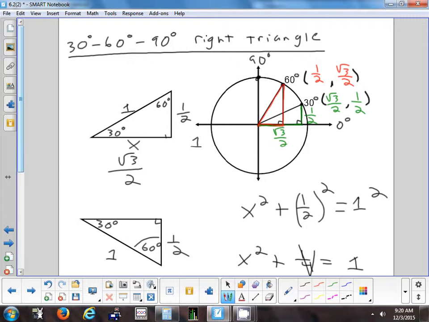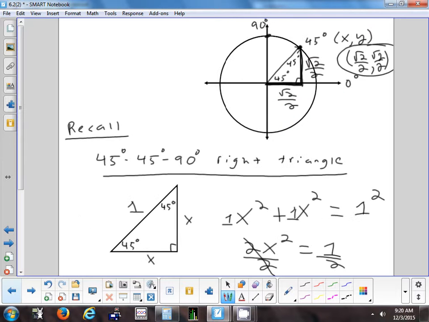So the way I want you to remember it, the short side is always the small number. Short side is the small number. The long side is the bigger number. Okay? And if we memorize those two coordinates, that's all we need to do everything we're going to do with unit circle trig.